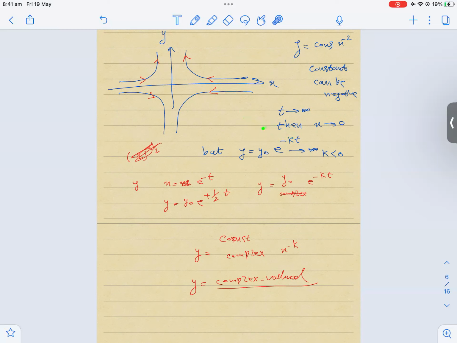I believe it might be the same thing for both real and imaginary parts of y, because this is exponential of t over 2, it is still the dominant one, so it will go to infinity. Okay, good point.